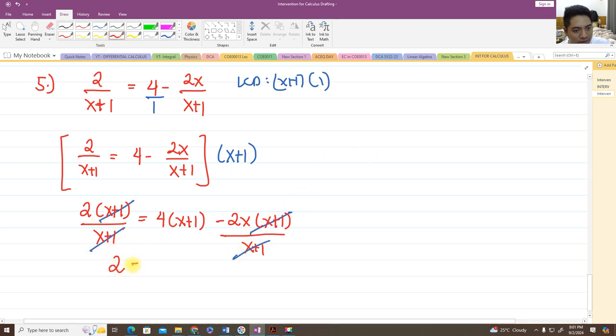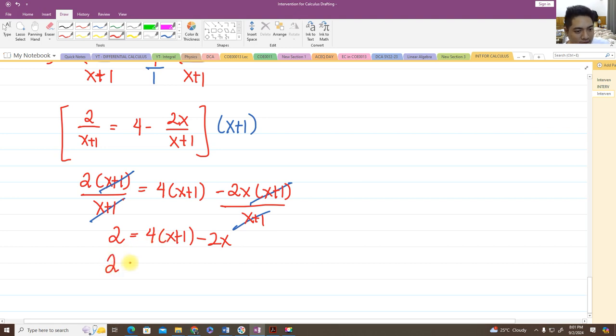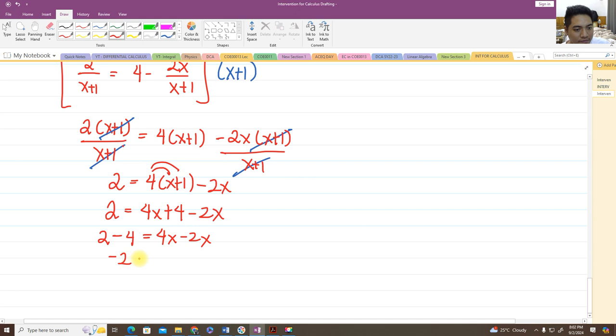So you now have 2 equals 4 times x plus 1 minus 2x. Okay? So simplify, distribute. So you have 4x plus 4 minus 2x. So combining like terms, you have 2 minus 4 equals 4x minus 2x. So you now have negative 2.